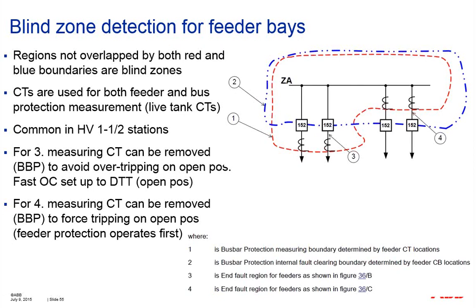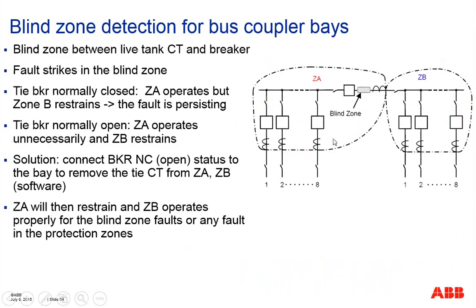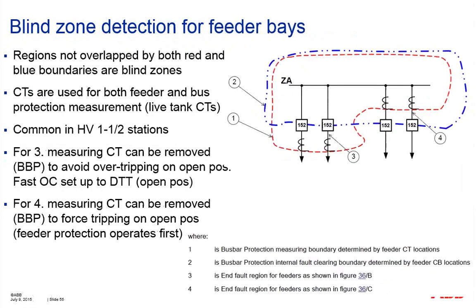As long as you don't have matching protection and tripping boundaries, a blind zone or end zone scenario will appear. If you don't have the overlapping, you will have a blind zone in the middle. It's very similar to what we illustrated here. So this is for main timing. This is for the high voltage, for the extra high voltage breaker and half station.